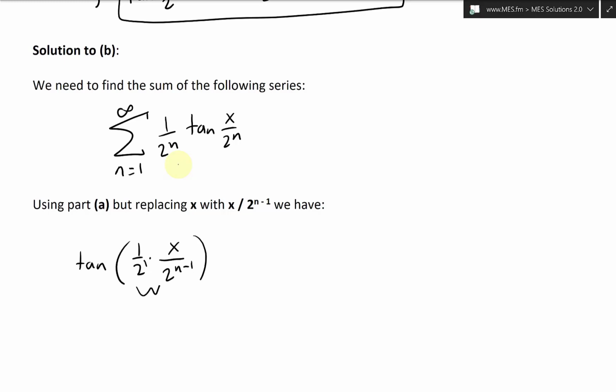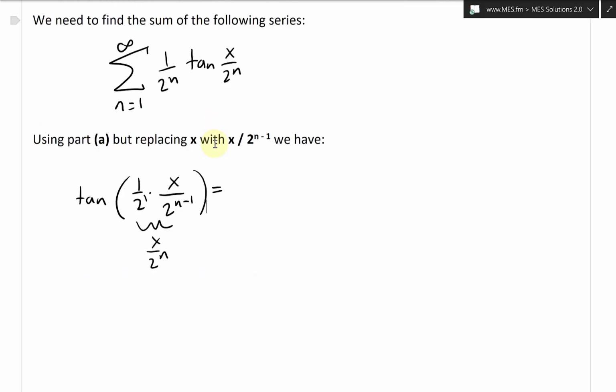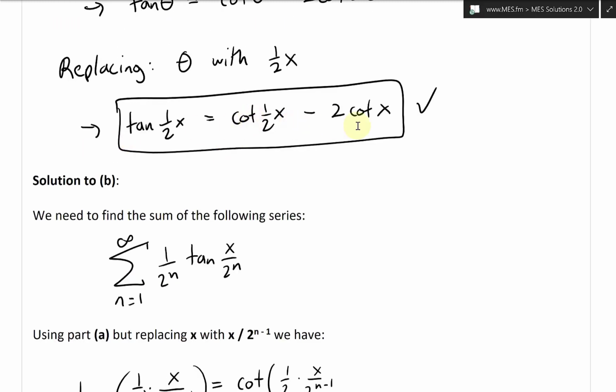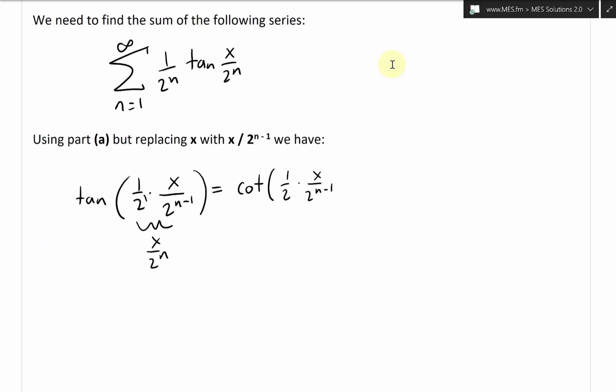So then this right here just equals x over 2^n, because you could just combine that power. So that's why we replace x with x over 2 to the power of n minus 1. So now this equals 2, and then cotangent of the same thing, 1 over 2 times x over 2^(n-1), because you see the identity is the same thing. The next one, there's no 1 over 2.